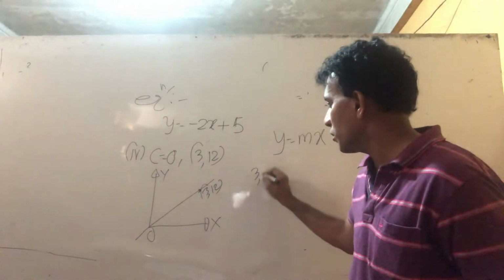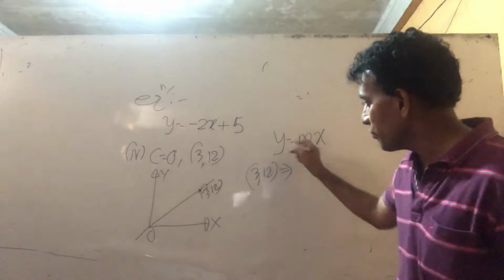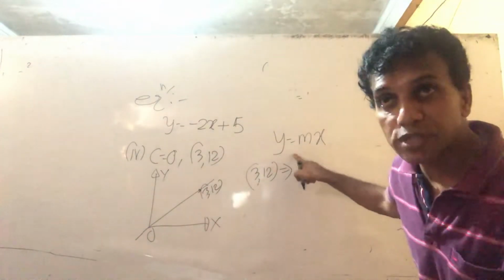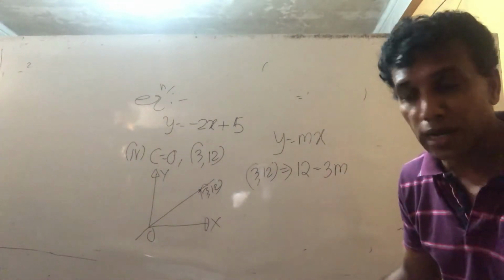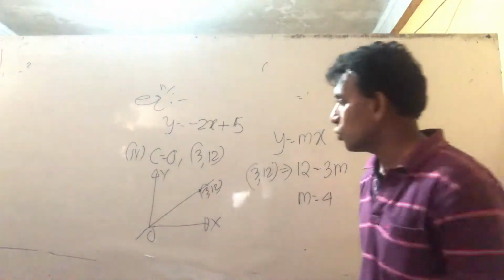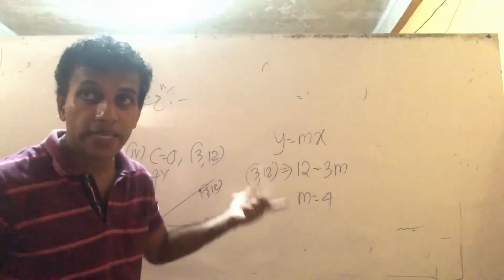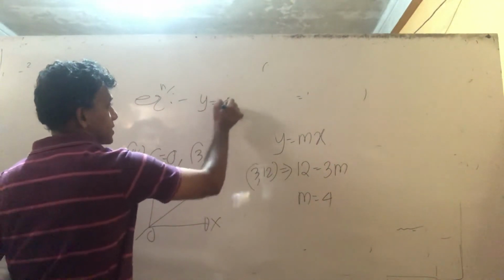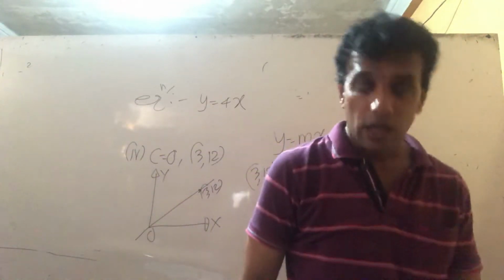Therefore (3, 12) satisfies this. So put y for 12, x for 3, 3 times m, 3m. So 3m is 12, therefore m is 4. Therefore the equation is m is 4, no c, c is 0. So y = 4x.